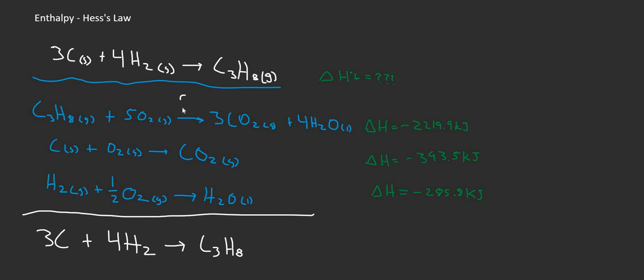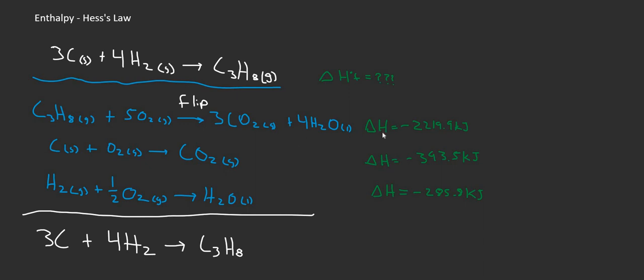And the way we do that with Hess's law is we flip the reaction. There are two things you can do with Hess's law to manipulate reactions. You can flip them in the reverse order, or you can multiply them by a constant. So in this case, since we need that C3H8 on the other side of the arrow, we're going to go ahead and flip this reaction.